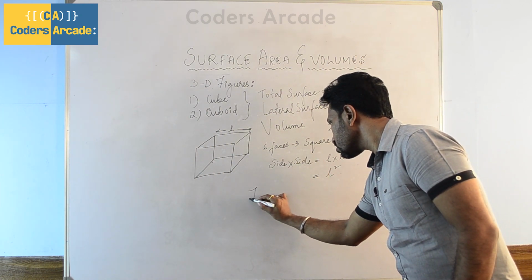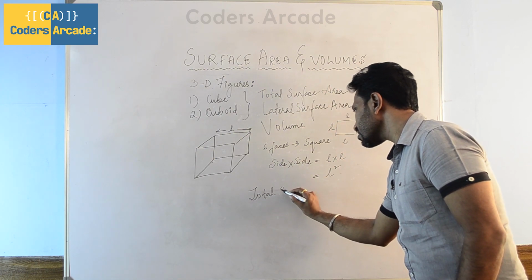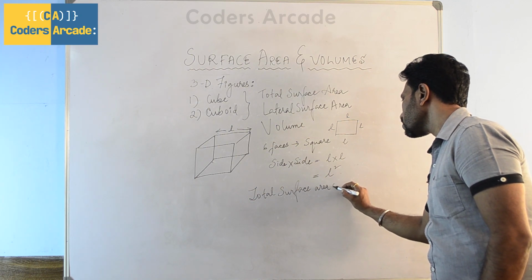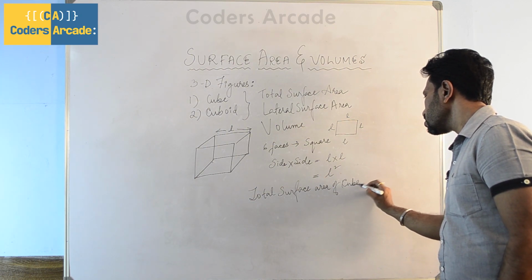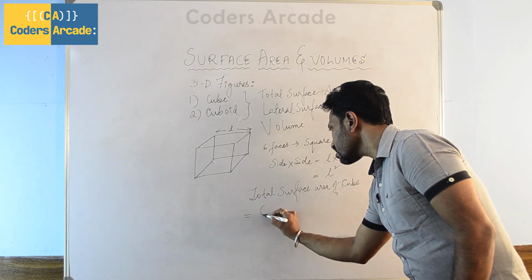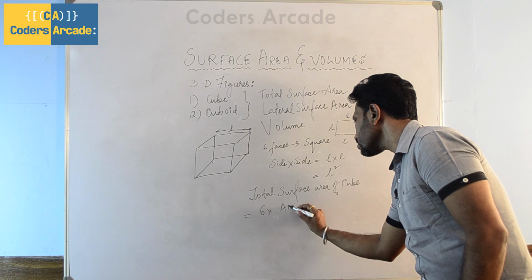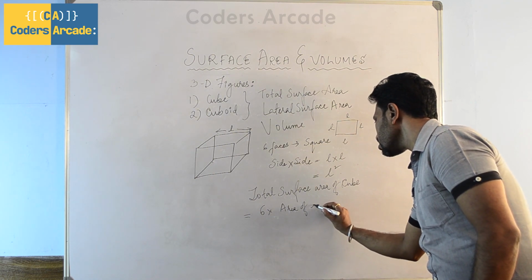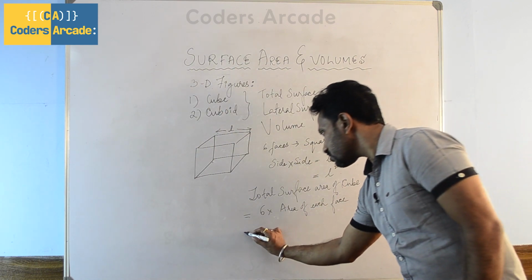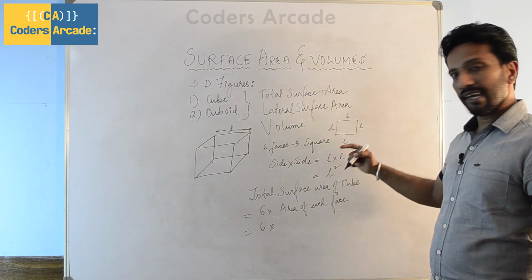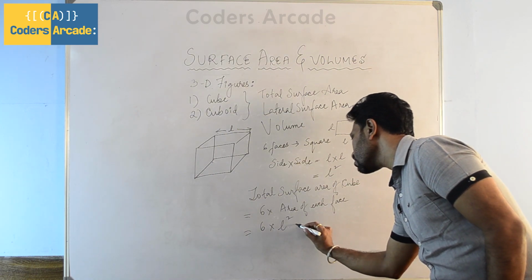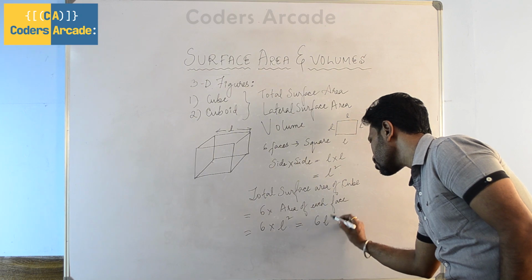Therefore, total surface area of cube is equal to 6 into area of each face. So you can see here 6 into area of each face, as we have seen here, is L square. So it will be finally 6L square.